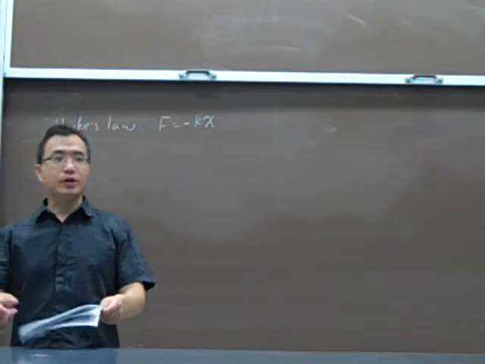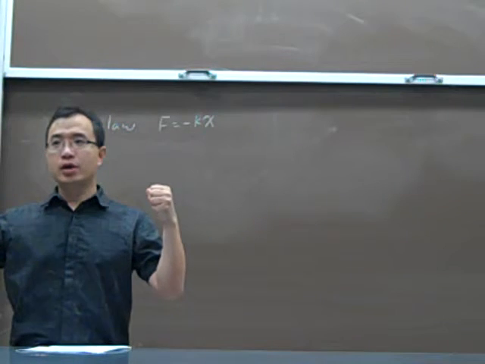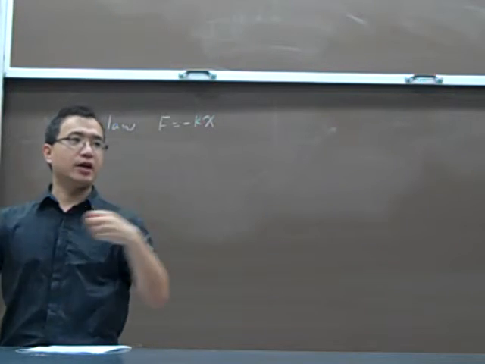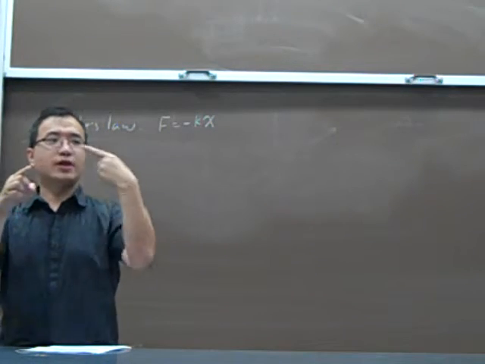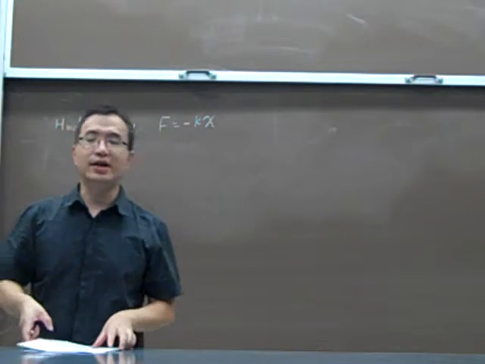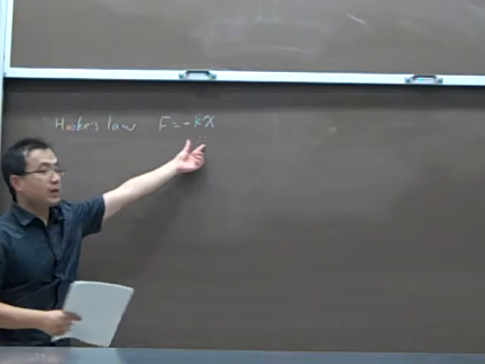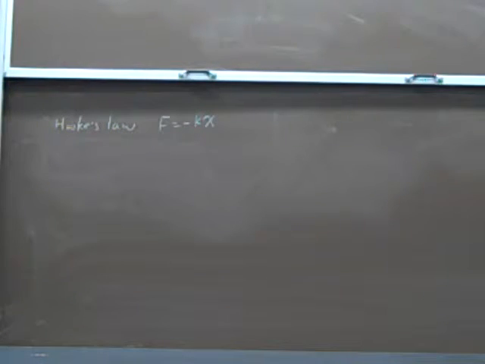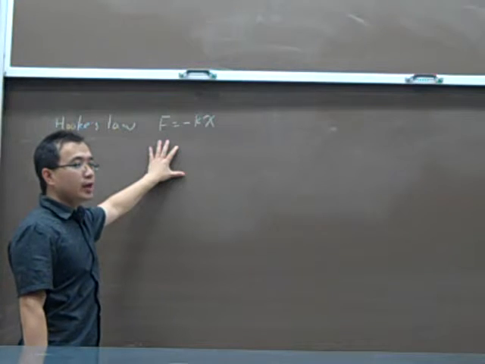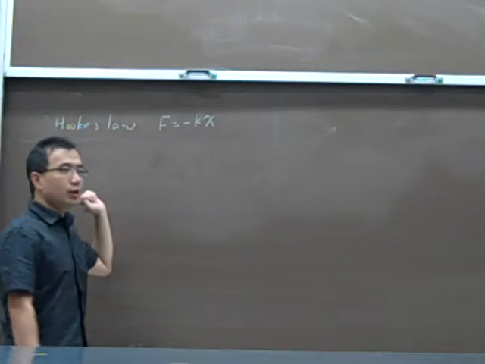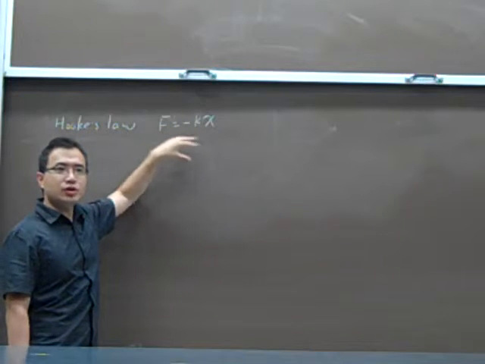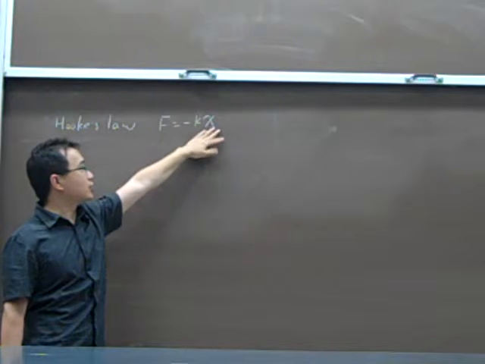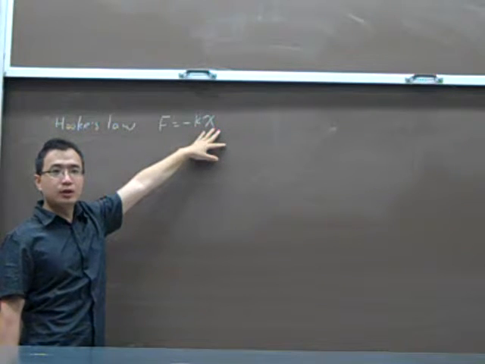If you have a spring and you stretch it, the force is against your stretching. If you compress it, the force is against your compressing. It's always against your displacement. This is for the spring system, but in fact for any oscillation you can write the force in this form: a negative sign, a proportionality constant, and proportional to the displacement.